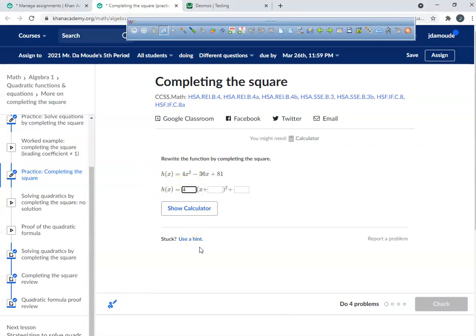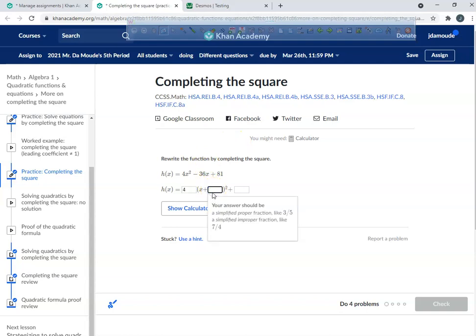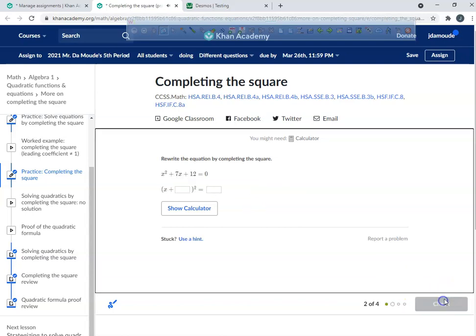All right there. What number am I going to type in right there? We got to put a negative 9 over 2, right? Negative 9 over 2, because here it says plus, so we got to put a negative 9 over 2. And what number would I have to put in there? 0. Okay? If I do that, I get it right.